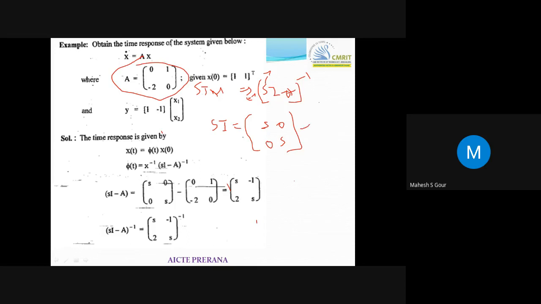So subtract this. sI minus A: s minus 0 gives s, 0 minus 1 gives minus 1, 0 minus of minus 2 gives 2, and s minus 0 gives s. So till here it is clear.